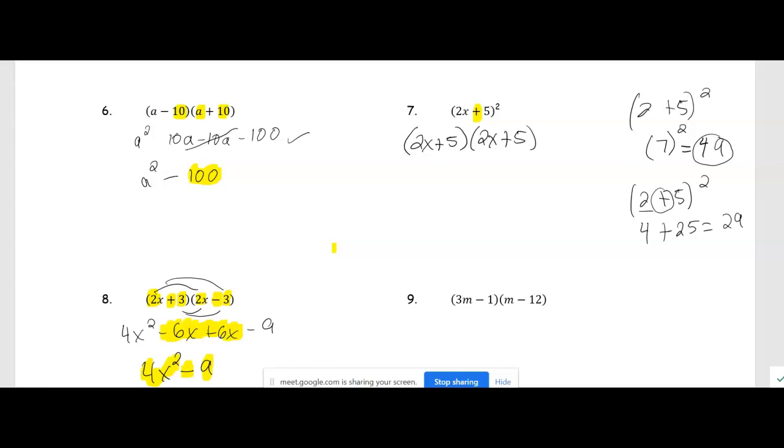So all this really is like saying 3 squared. We could write that as a 3 times 3. It's the same thing with that quantity. Just write it twice. And then all we're really doing is something that we're pretty good at. We did this a little bit last chapter. We can just now go through, do your distributing. So we'll get 2x and 2x equals 4x squared. The 2x and the 5 make a 10x.